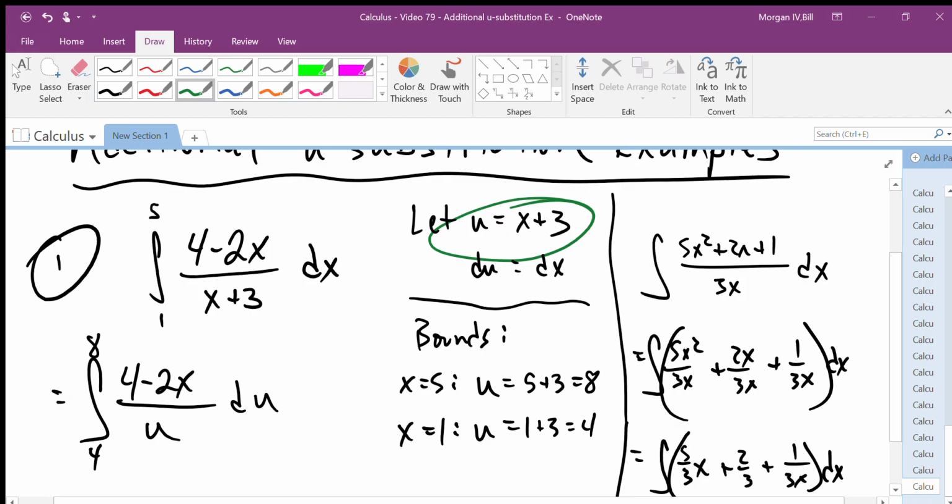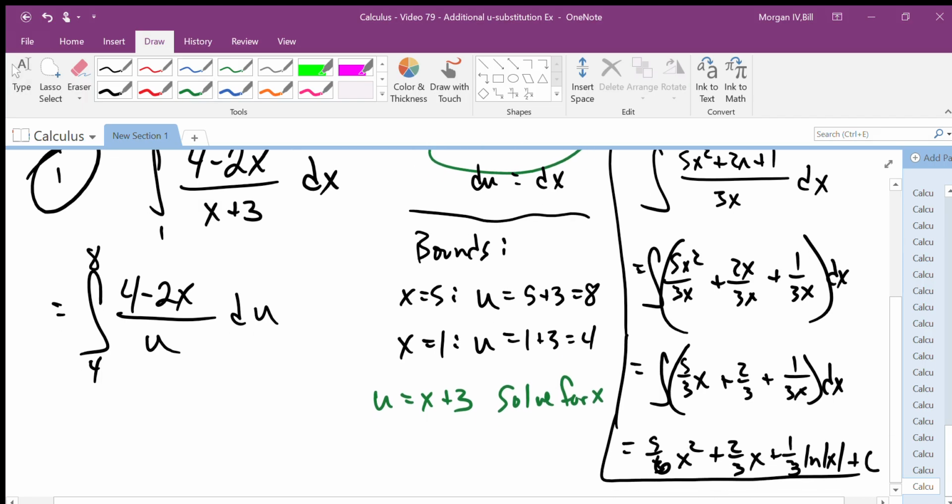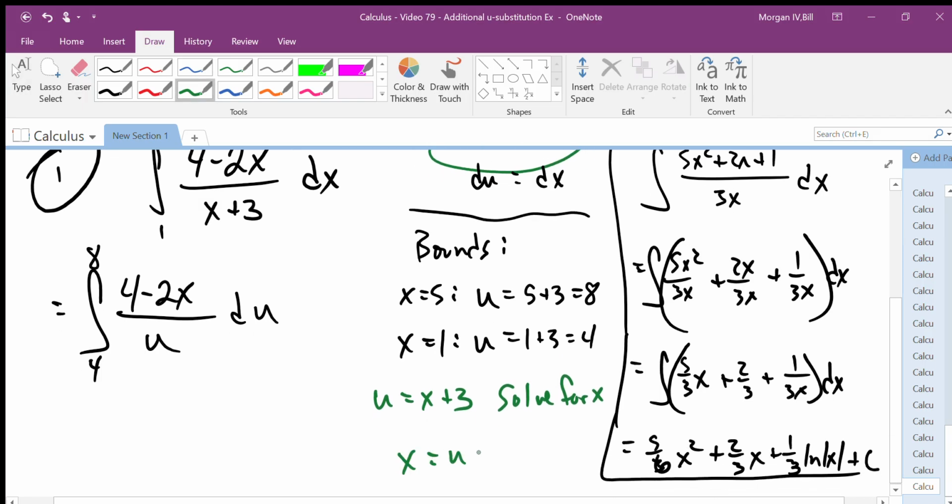And since I don't want to have the x's there, I'm going to solve for x in that equation. u equals x plus 3. Let's solve for x. Solving for x means that x is u minus 3, right? x is equal to u minus 3. If u is equal to x plus 3, x is equal to u minus 3. And then we're gonna substitute that in for the x here.